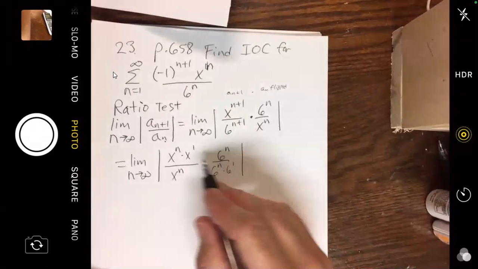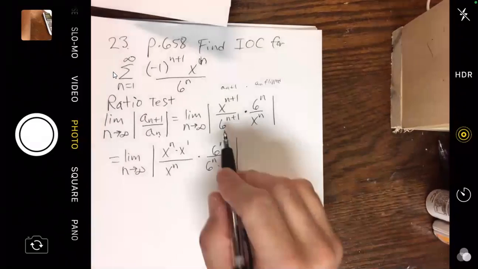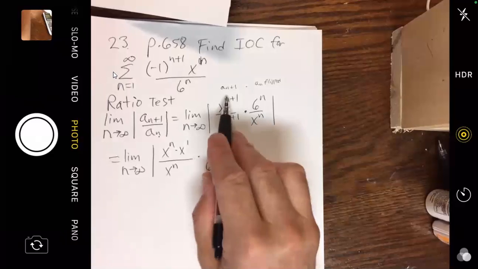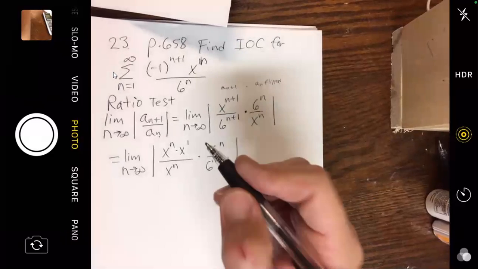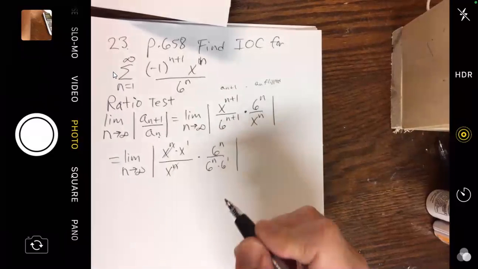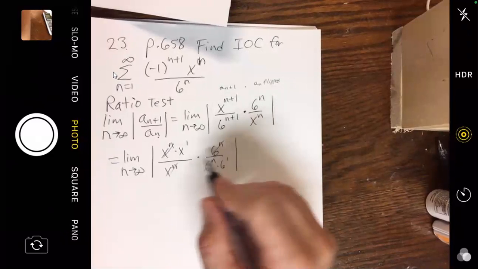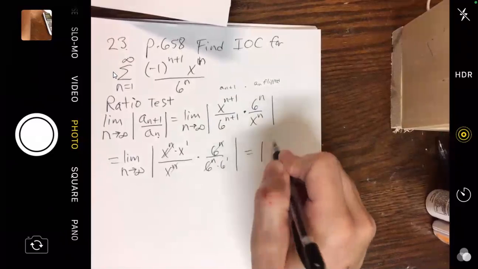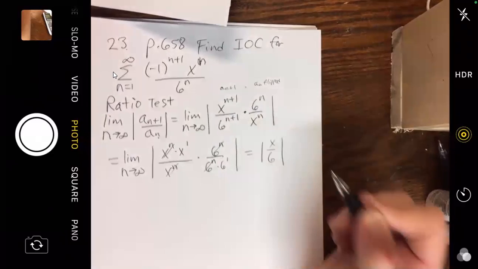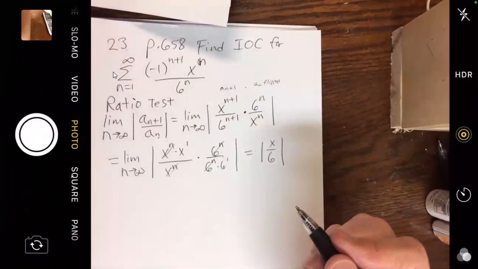You don't technically have to write the ones. See the cancellations? The x to the n's, the 6 to the n's. There's nothing left with an n. So I wind up with the absolute value of x over 6. This one's working out a little shorter.